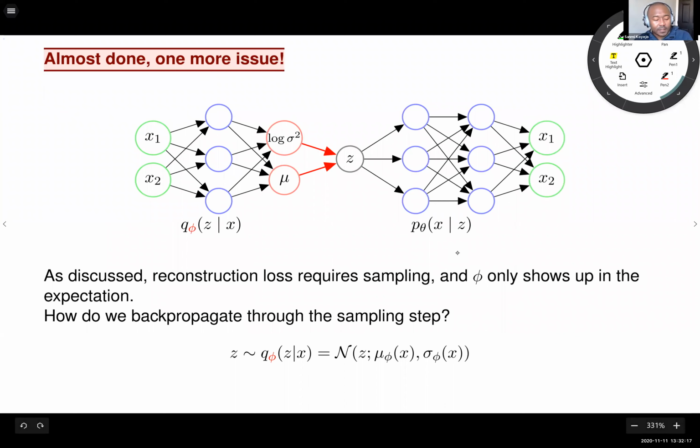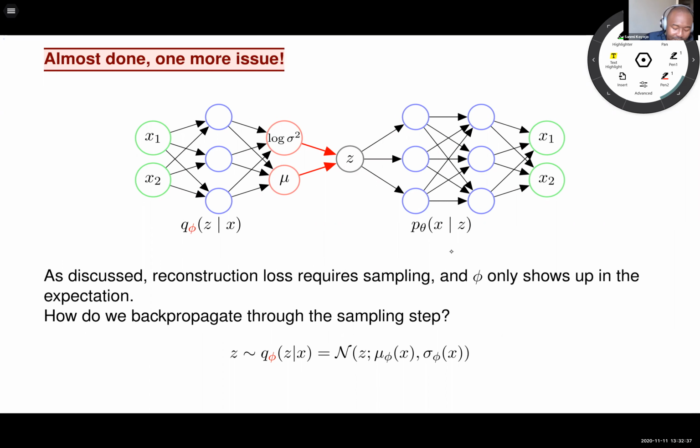Okay, so there's one more issue. We're not completely done, but we're quite close to solving the problem. As mentioned, this reconstruction part requires sampling. And it turns out that you can't backpropagate through a sampling step. That turns out to be problematic.